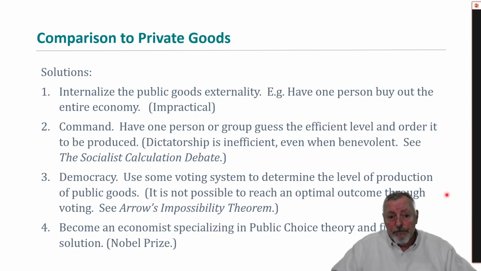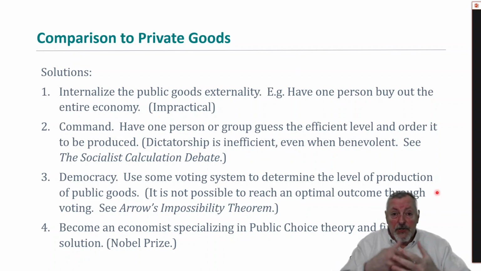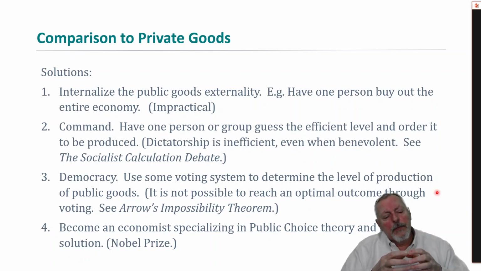What about democracy? Use some sort or other of voting system to decide how much of the public good we're going to provide. This also can't work. It cannot reach the best allocation of resources, with a little more complicated definition of best, but still. No voting system can do that. Not just our system doesn't, or another system doesn't.